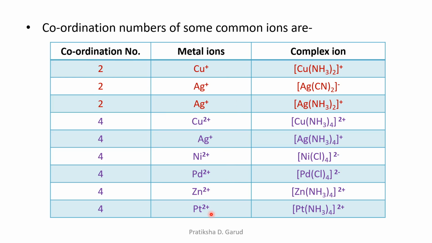The next coordination number is 4. The next row shows the examples with the coordination number 4. That means these metal ions are attached to 4 coordinating groups. Here we can see there are 4 coordinating groups attached to these metal ions.